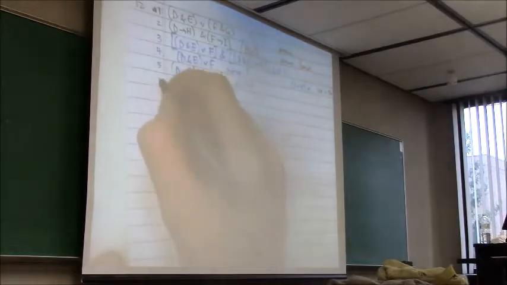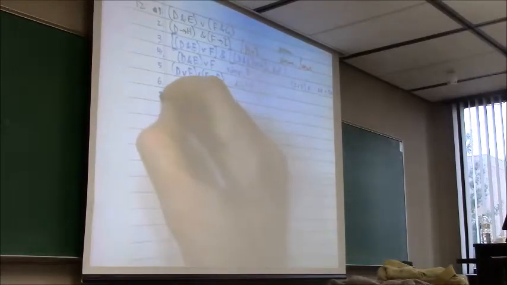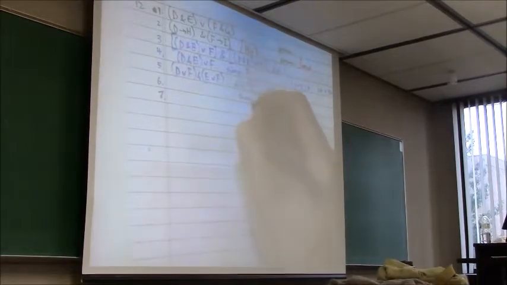Alright, now what? How many stages are we from the finish line? How many more lines does this proof need? 3. I think just 2. What's the next line? Simplification, line 5. What side do I want?